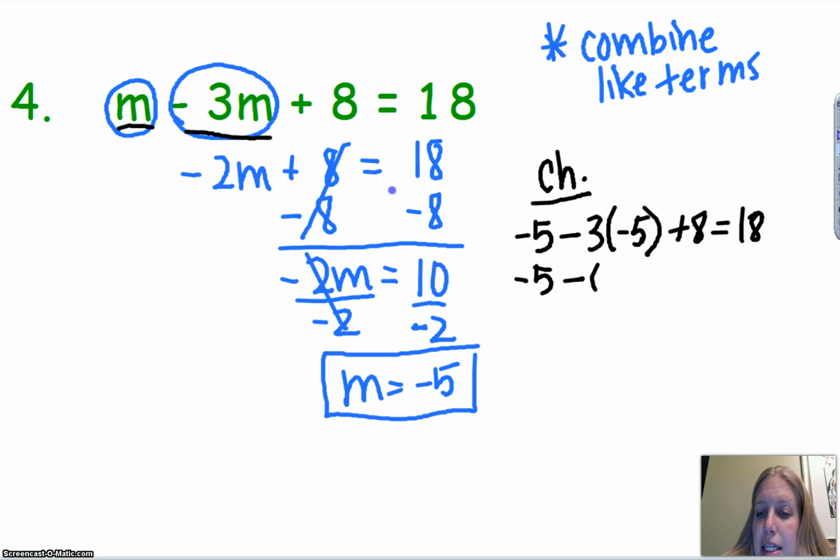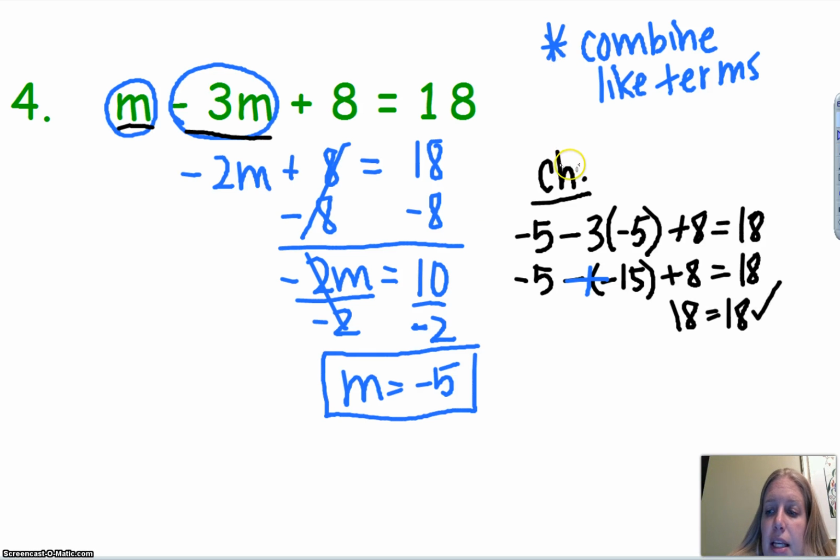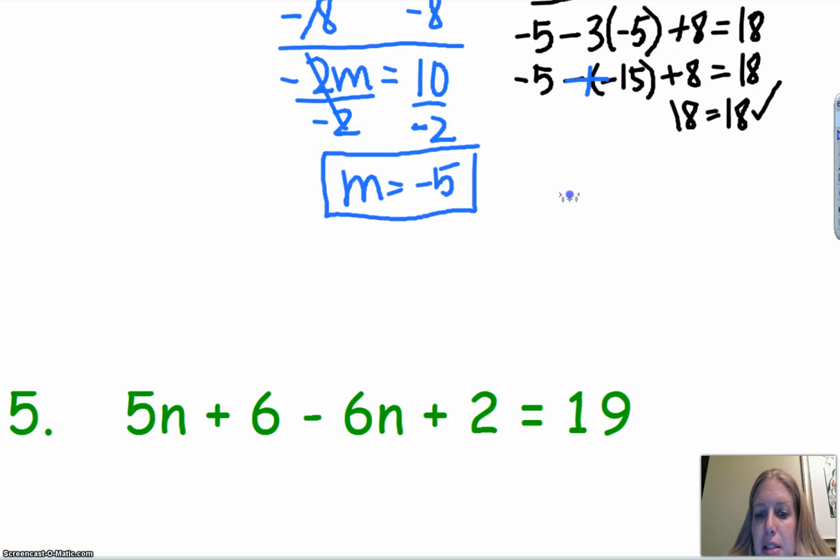So I'm minusing a negative 15 plus 8. Well, this means plus here. Negative 5 plus 15 would be 10. 10 plus 8 is 18. That's how you do a check with many variables.